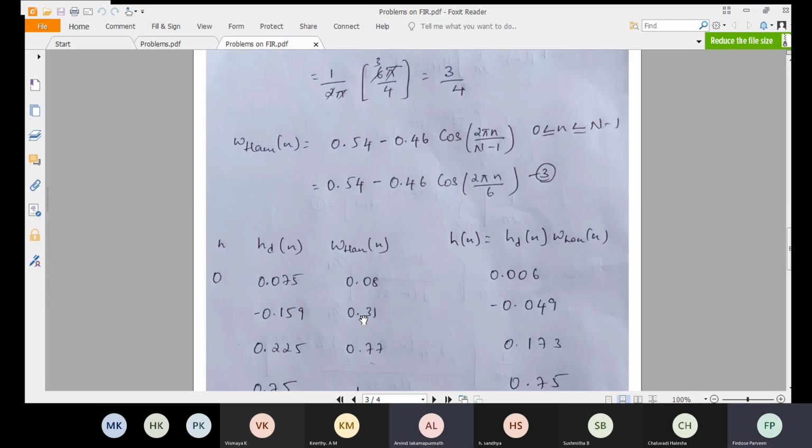What you do, you type 0.54 minus 0.46. Before that, keep it in radians. Then type 0.54 minus 0.46 cos 2 pi, press shift alpha A, or only alpha A, divided by 6.